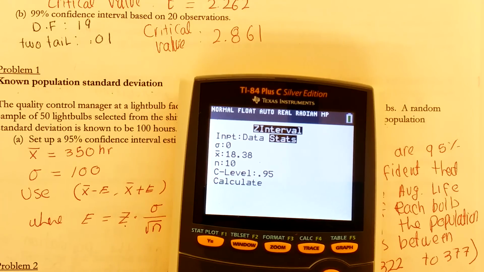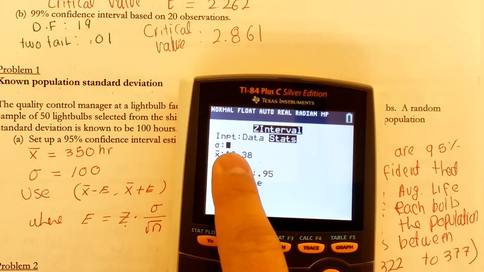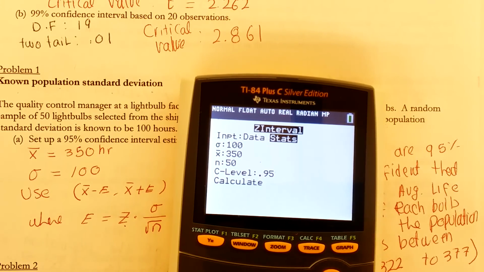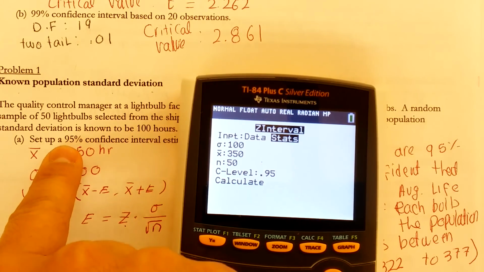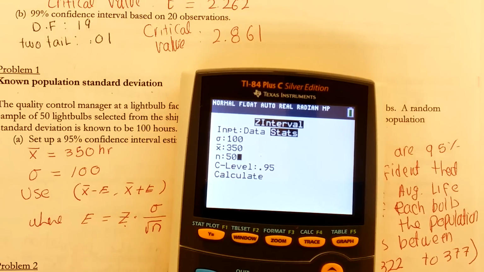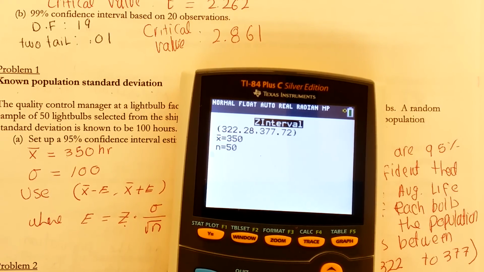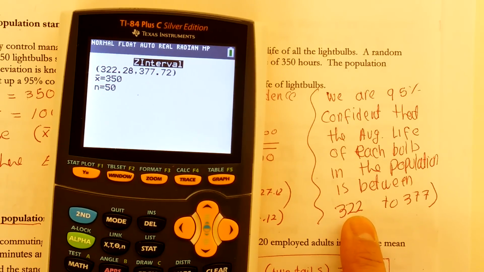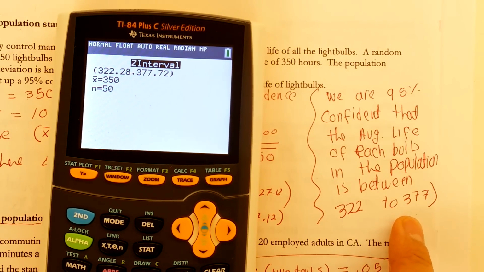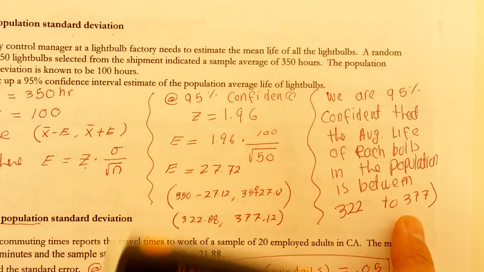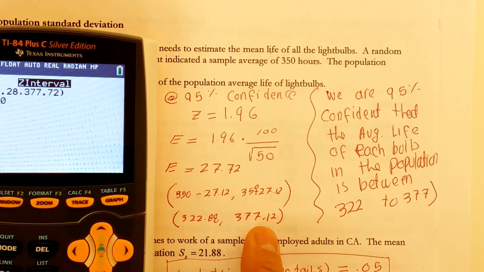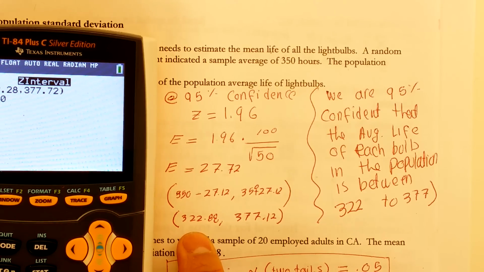And then you enter your known standard deviation, which is 100, X bar, which they give us to be 50. We're testing 50 light bulbs, and we're setting it at 95% confidence. You just hit calculate, and voila, it's about 322 to 377. So very similar to the number that we got. A little off, but pretty close.